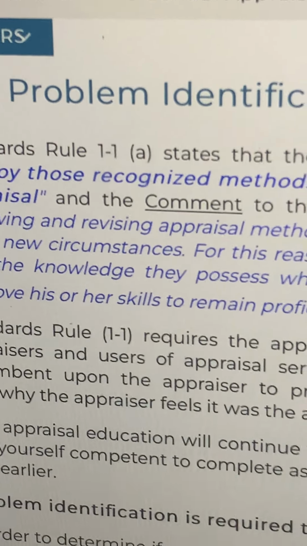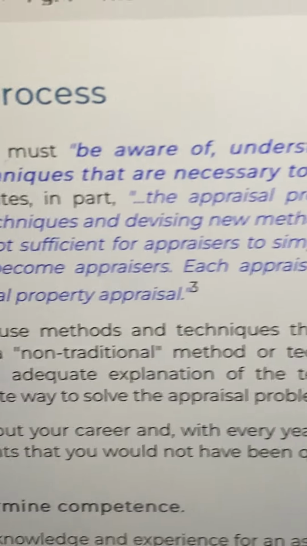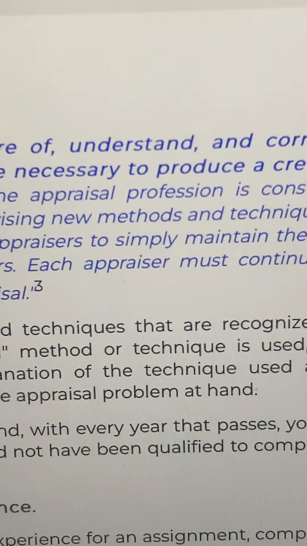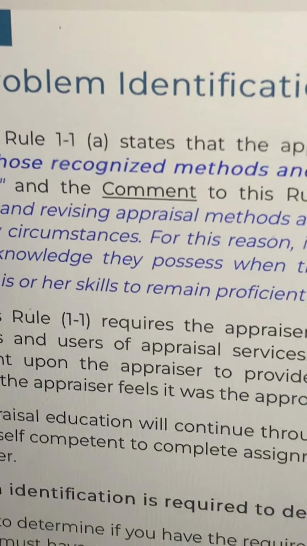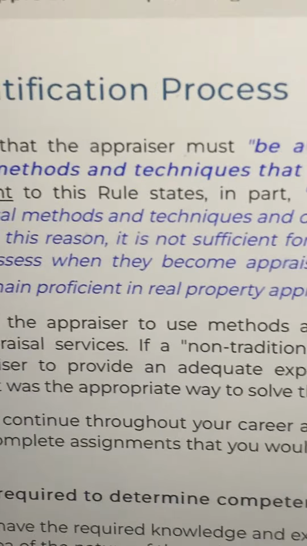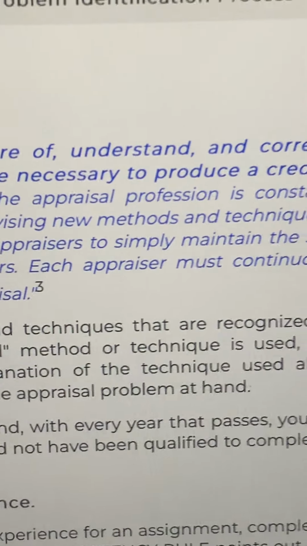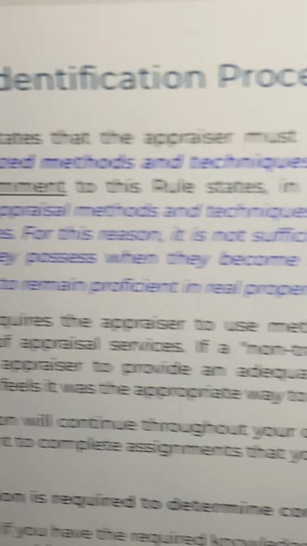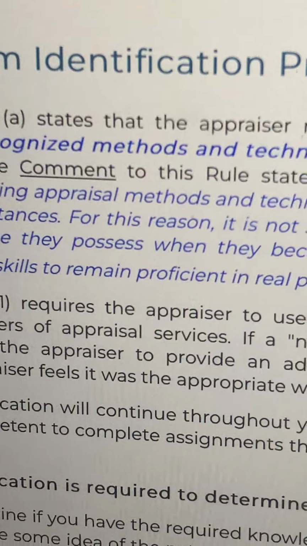And the comment to this rule states, in part, the appraisal profession is constantly reviewing and revising appraisal methods and techniques and devising new methods and techniques to meet new circumstances.